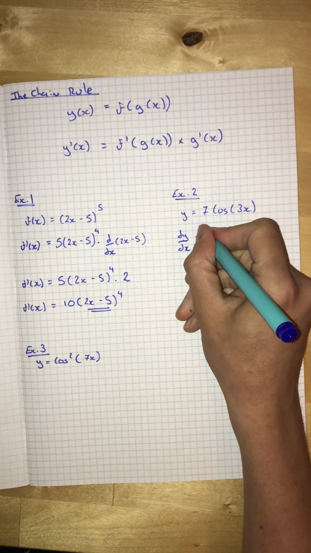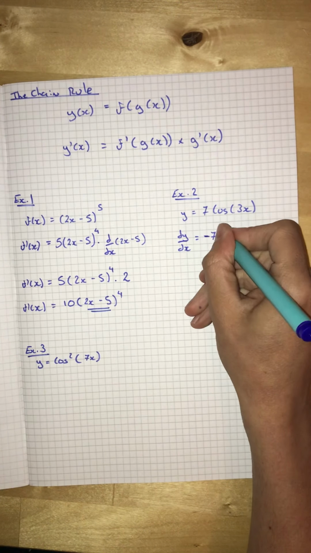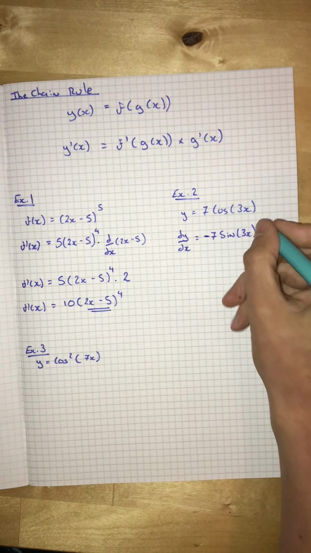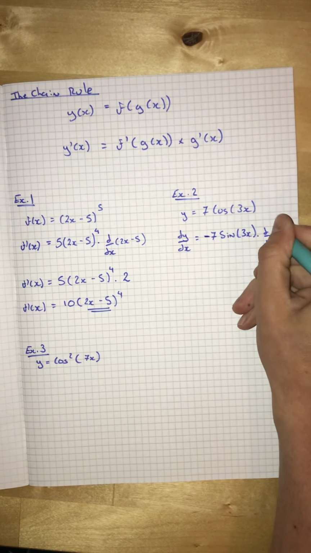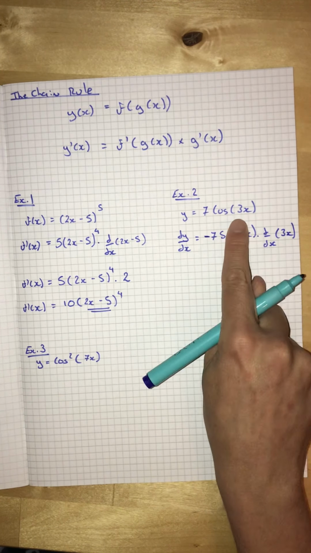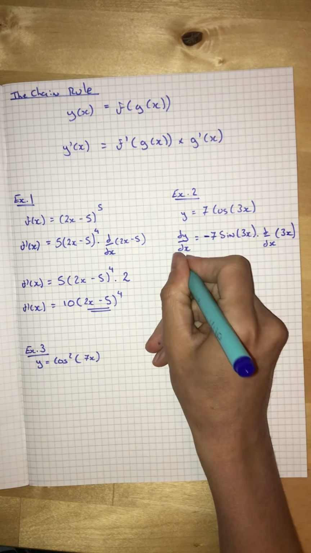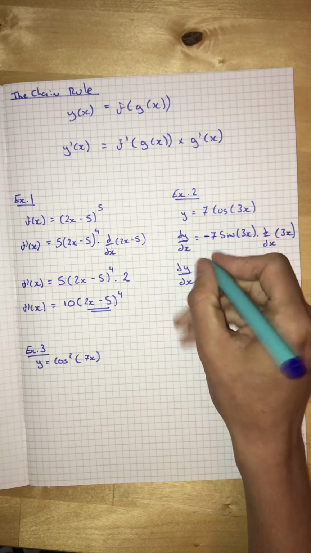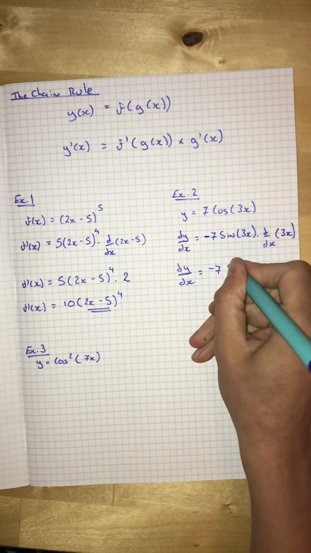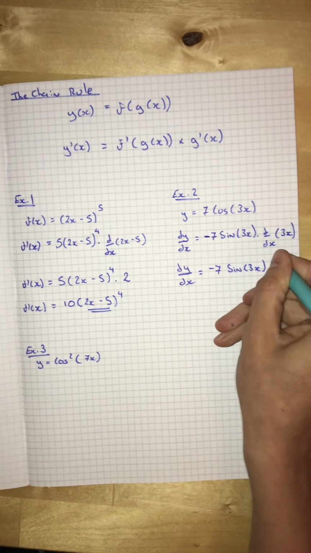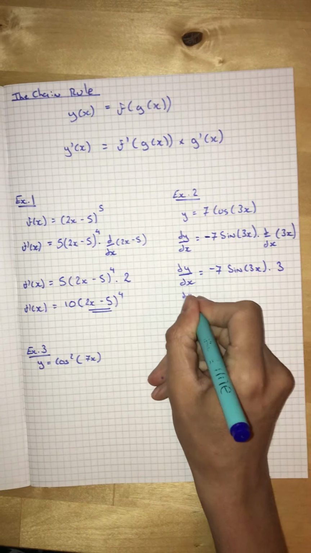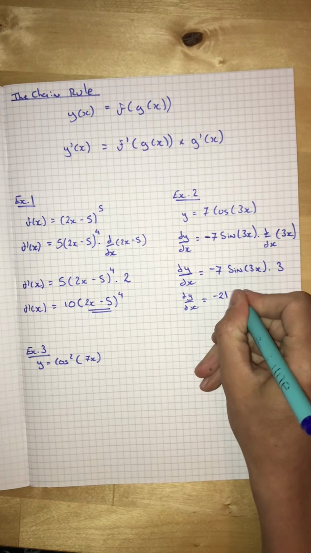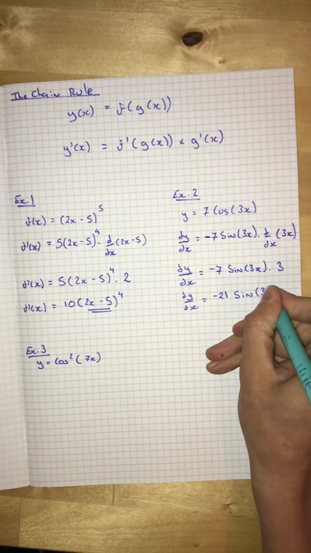So I'm going to get negative 7 sine 3x, but then I need to times it by the derivative of what's inside the brackets, which in this case is 3x. So we're going to get the derivative of 3x to be 3. And then that means our final answer will be negative 7 times 3, which is negative 21 sine 3x.